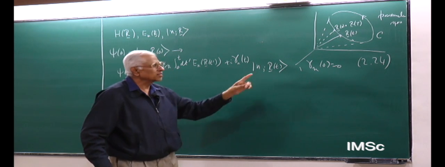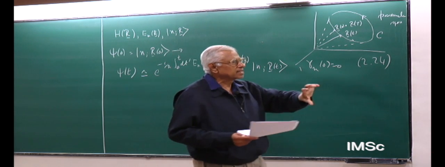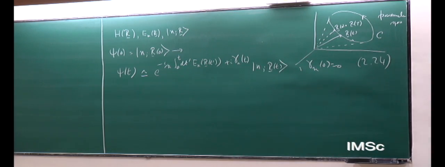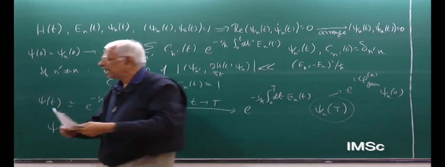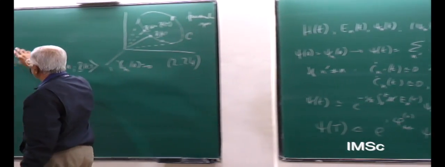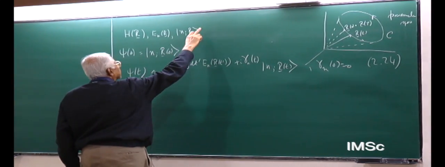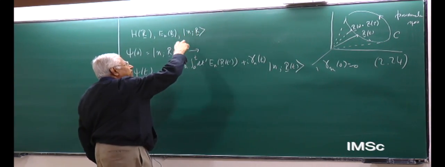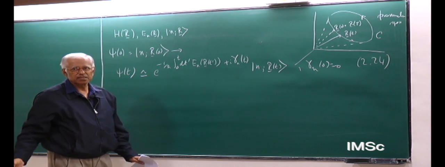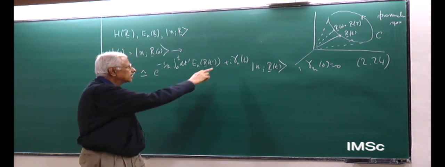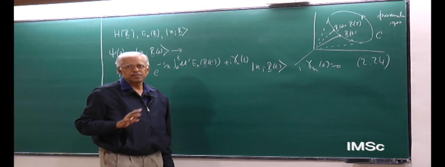This gamma n of t, in a sense, expresses a difference between this phase convention in my first derivation and the Berry assumption in his own derivation that these are globally well defined in the region of parameter space we are working in. So this expresses that difference, the phase difference.